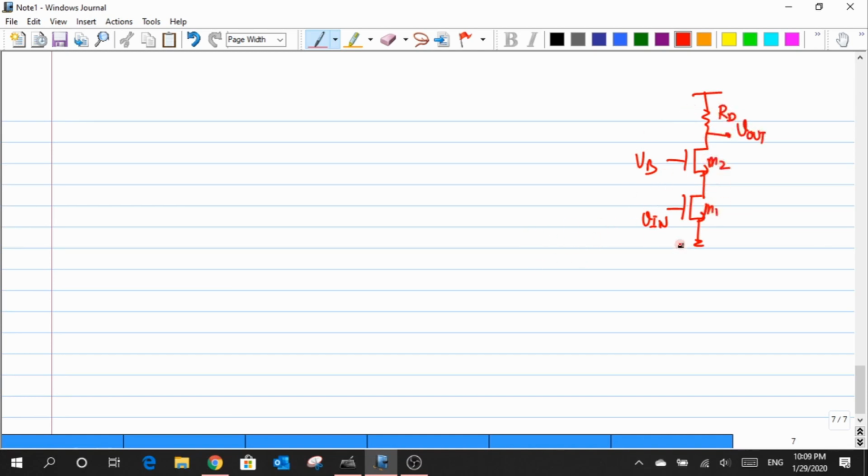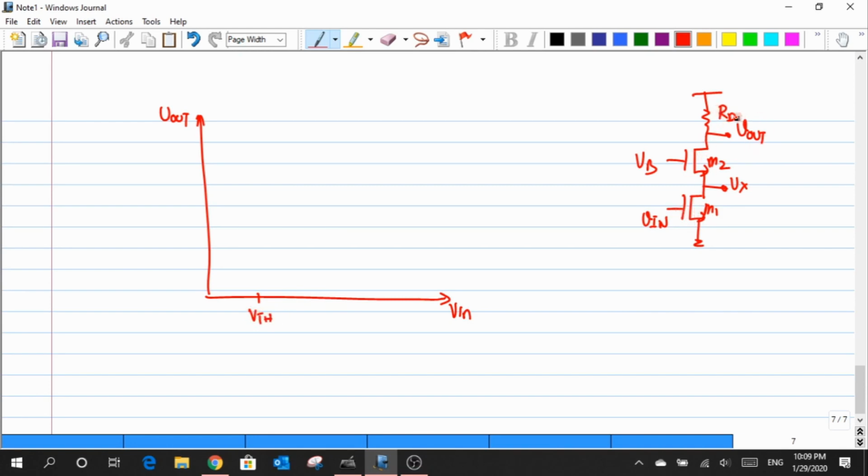So this is my Cascode amplifier, and now I just want to talk about the Vout versus Vin relation, so let me try to plot the Vout versus Vin graph. Whenever the value of Vin is less than the value of VT, no current would flow through this entire circuit.